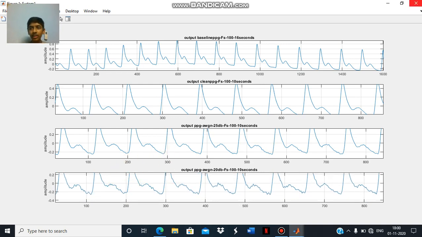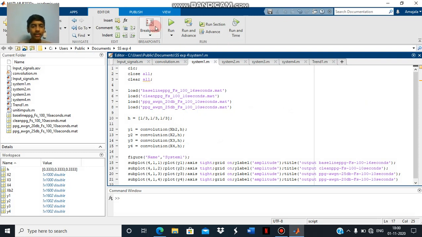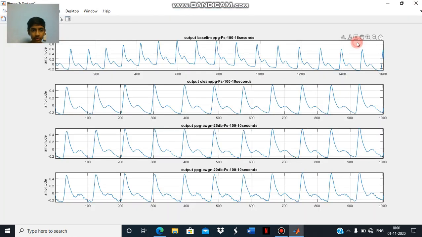By seeing the output, we can clearly say the given system is a low pass filter, and by looking at the system, it is a moving average filter. As the impulse response is finite, the sum of the impulse response is finite, so it is a stable system, and as given in the question, it is a linear time invariant system.